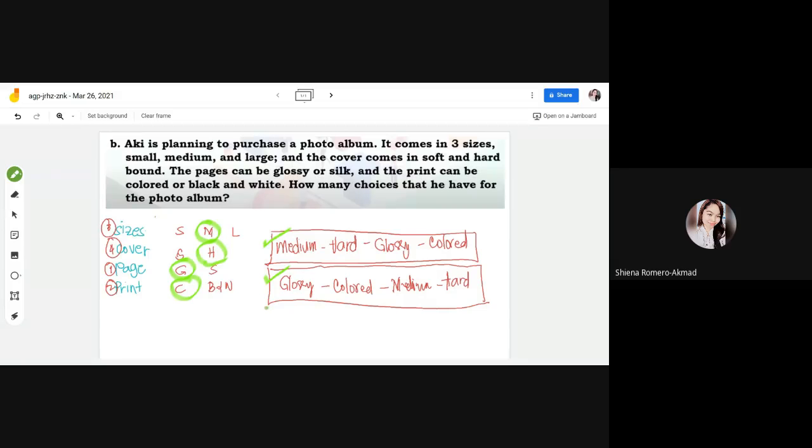Do you think kapag nagawa na yung photo album, magkaiba sila ng itsura? Hindi po. Pareho lang. Kung pareho lang, my question is, does the order matter? Order or arrangement matter? Dito sa sitwasyon na to?